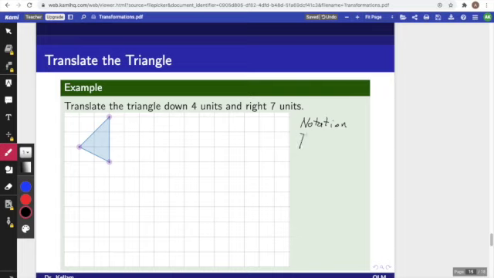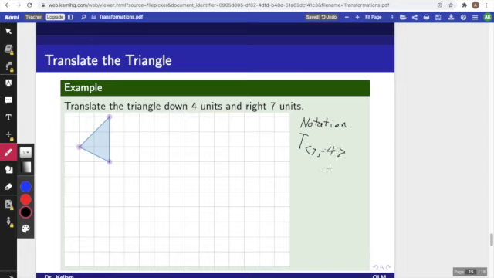We have a capital T for translate, and then we have this. So right 7, when we move right, that's positive. Down 4, when we move down, that's negative. So I'm going to give myself a tiny bit more room there. Put -4.